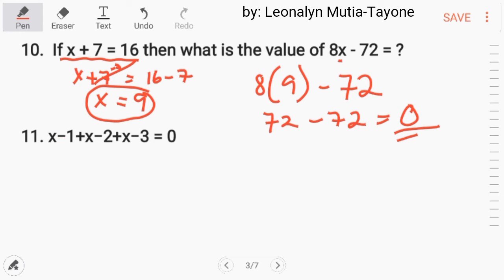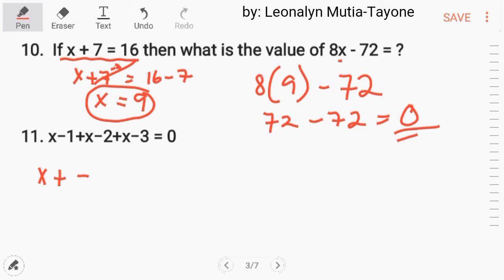Number 11. X minus 1 plus x minus 2 plus x minus 3 equals 0. All we have to do is ipagsama ang mga like terms, itong x. And that is 3x. Ito naman, and that is negative 6 equals 0. Again, para mas lalong maintindihan, gawin nating addition lahat.